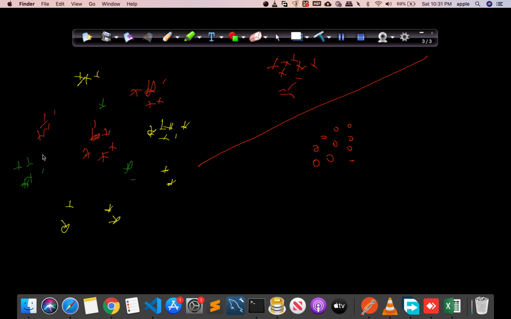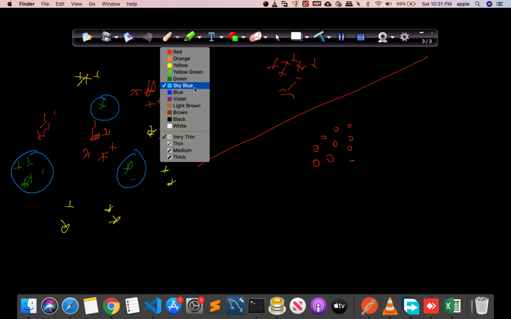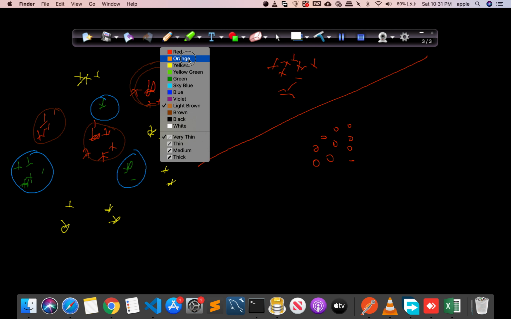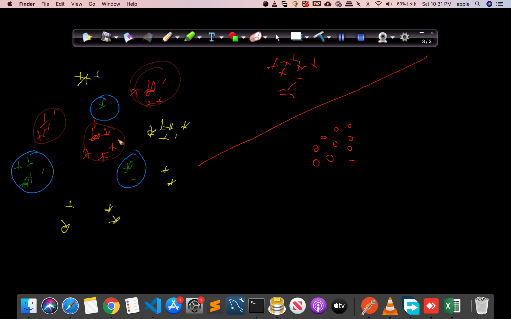But in deep learning, we can train a model which can classify this particular class and this particular class separately, and the rest will belong to some other class. In machine learning, we don't have a model that is this complex to classify the points. But in deep learning, we can have various functions.